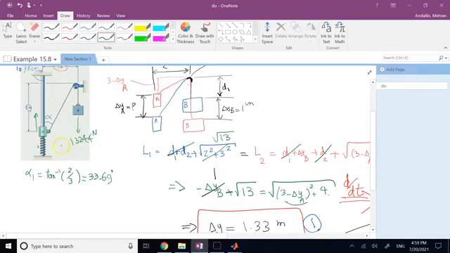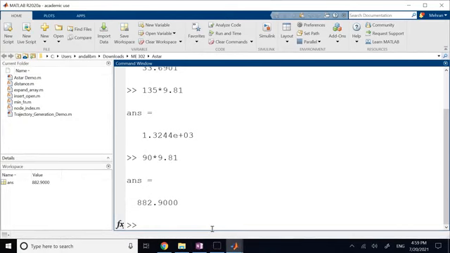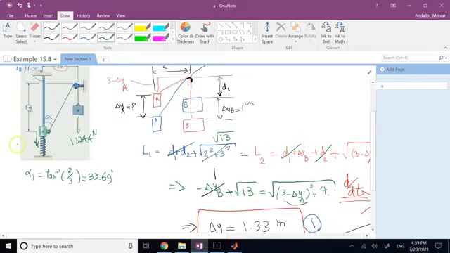This is mB g. mA g in the beginning is how much? Let's calculate that one as well. So that one is 90 kilogram, so 882.9.